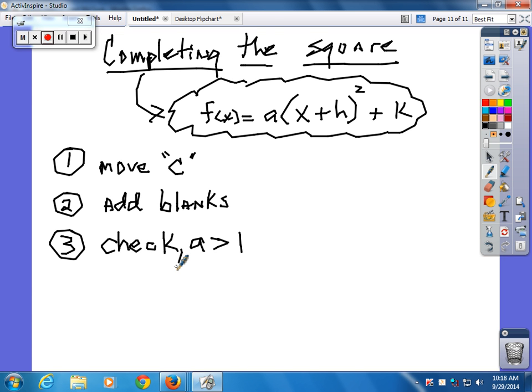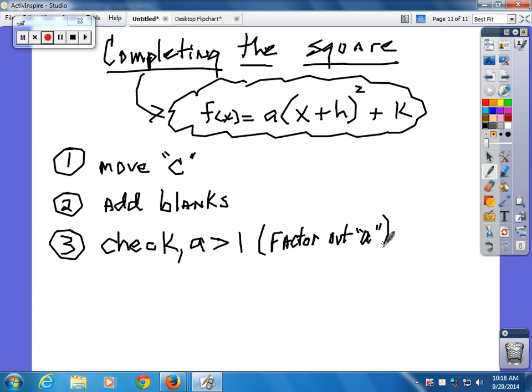If it's greater than 1, you have to factor. If A is greater than 1, you will have to factor out A. And we'll get to that. Don't worry. We're going to go through all kinds of completing the square problems, just like the 102s did last semester.